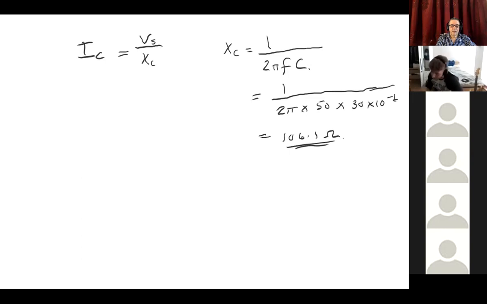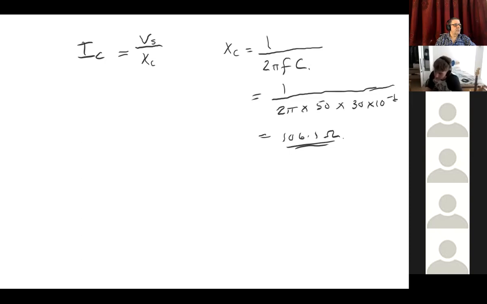So we've actually got the same as the previous question, the same values.